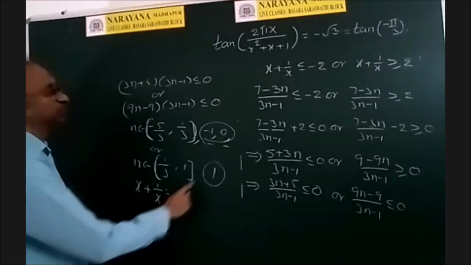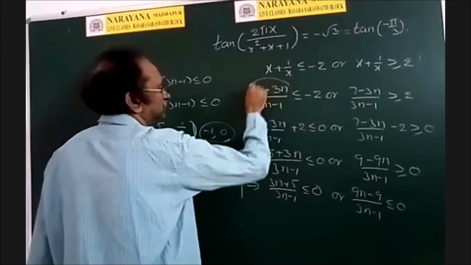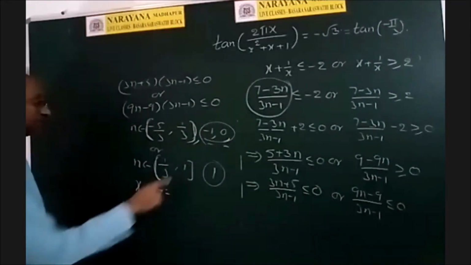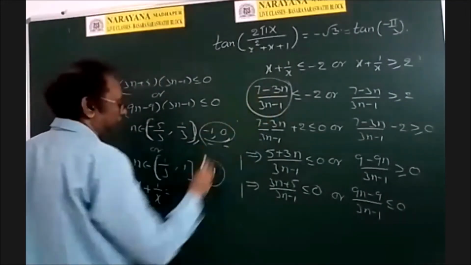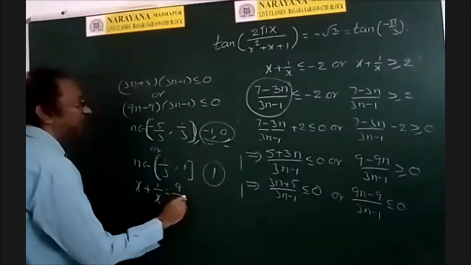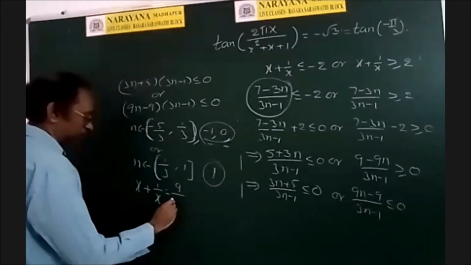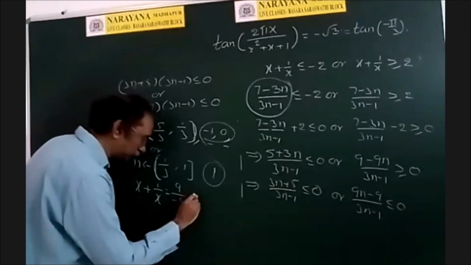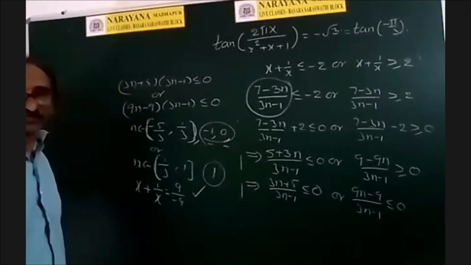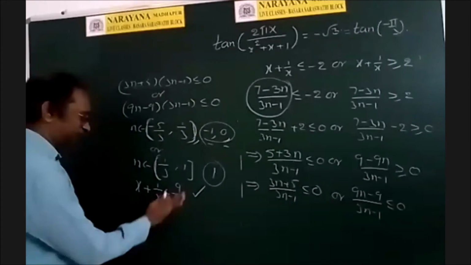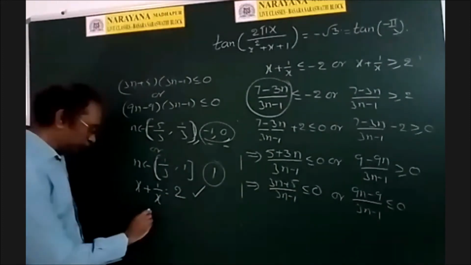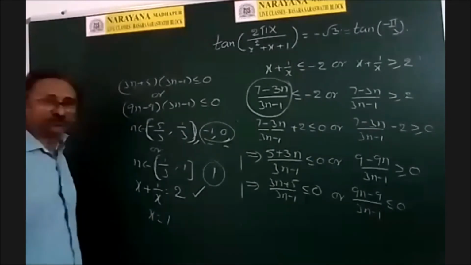So x plus 1 by x is equal to what? (7 minus 3n)/(3n minus 1). So put n is equal to minus 1 here. So you will get 9 by minus 4. Now don't try to solve this. Definitely you will get two values of x. Because if this is 2, it is a perfect square, you will get only one value, that is 1.